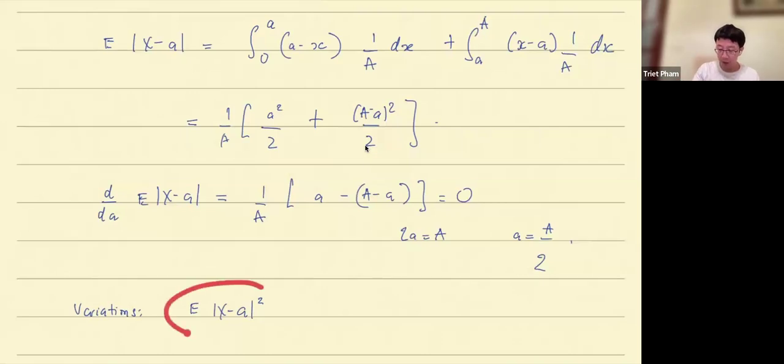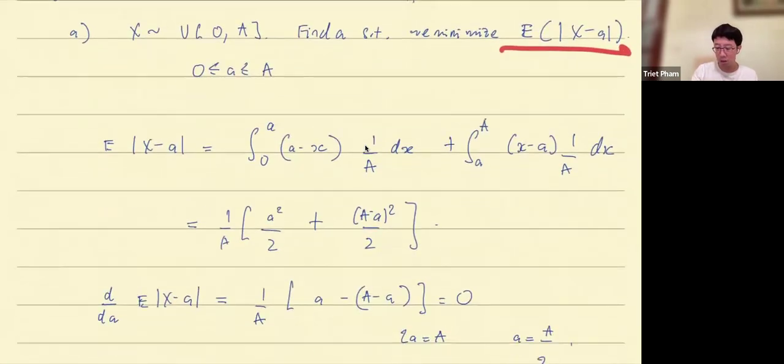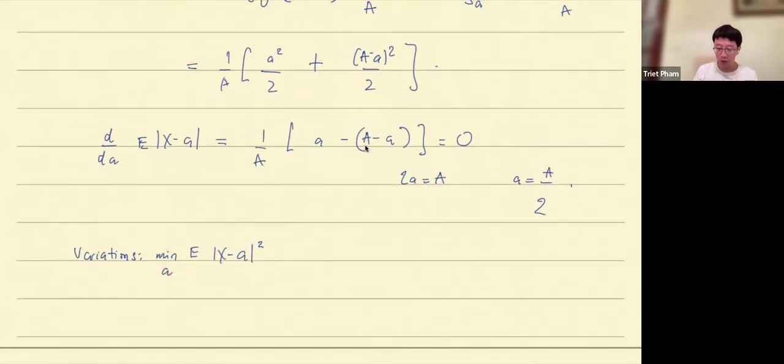People like to do this because it tends to give nicer results, like linear regression. You can bet that these two don't necessarily give you the same choice. Here, unfortunately, it still gives the same choice if you use the uniform distribution, because the uniform is very, very special.